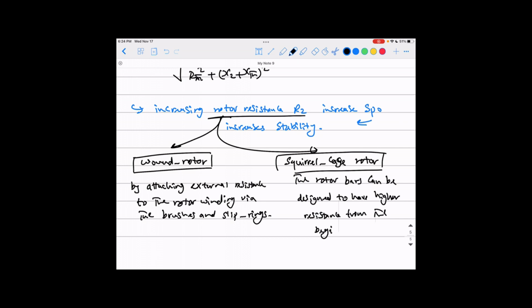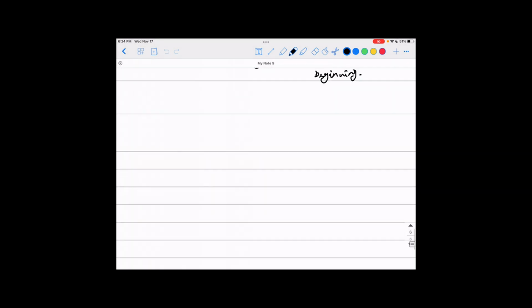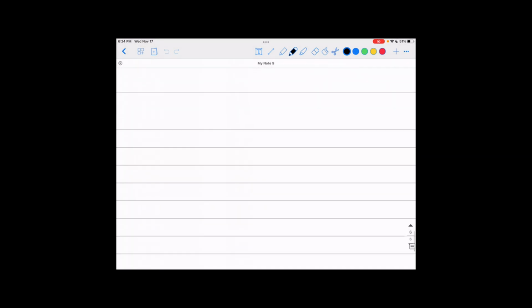Okay, so we cannot play with the squirrel cage rotor because it doesn't have any terminals. We cannot access it. But if you need to consider this from the design stage, from the very beginning, you can design it to have high resistance, and that's it. Okay, so we need to increase the rotor resistance as much as we can to increase this.